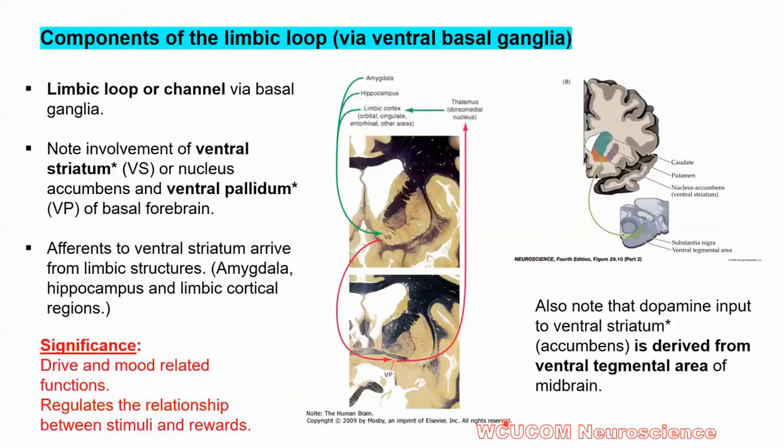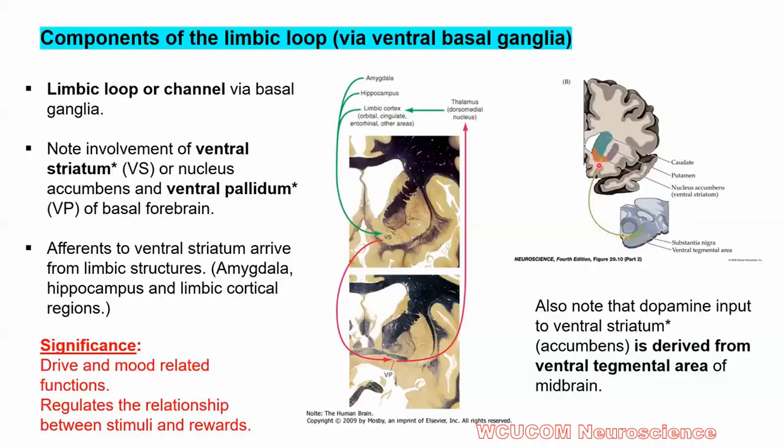So having said that, let us focus on the limbic loop that we recognize as the one that goes through ventral basal ganglia. And of course, the significance of it is given here because it's related to drive and mood types of functions, and indeed regulates the relationship between stimuli and rewards. It gets its dopamine supply primarily not from substantia nigra, but the adjacent ventral tegmental area.